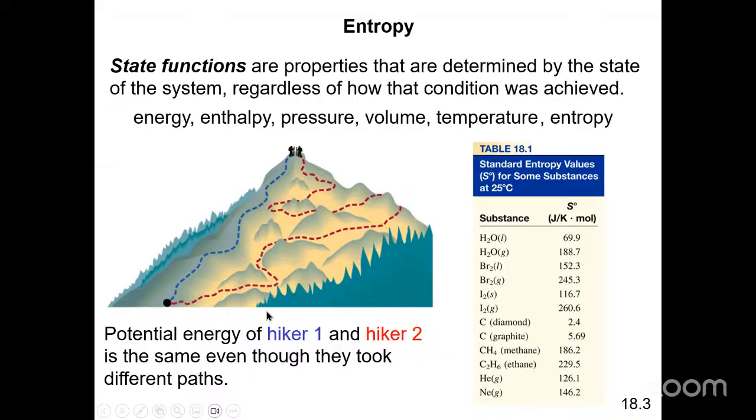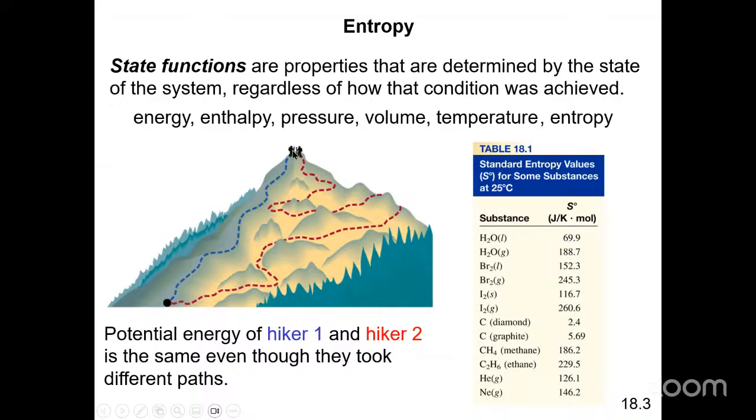So basically, the change in entropy that one could determine from a system undergoing, let's say, a chemical change is independent of how you get from the initial state to the final state, right? The analogy being used here is 2 hikers starting from the base of this mountain. One hiker decided to go this path, the other one decided to go the red path, but it doesn't make a difference.